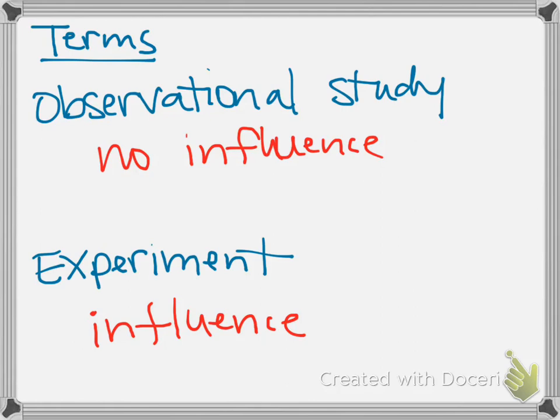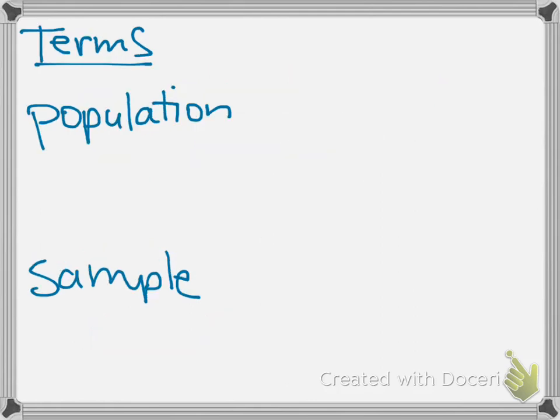So again, the difference between an observational study and an experiment is just whether or not you are influencing the individuals that you're examining.